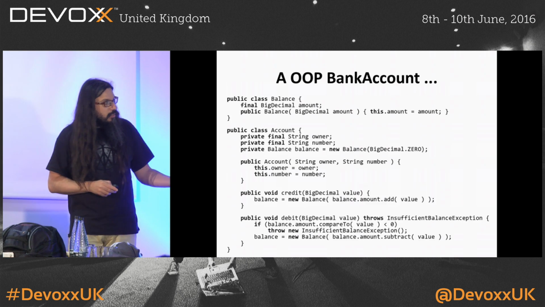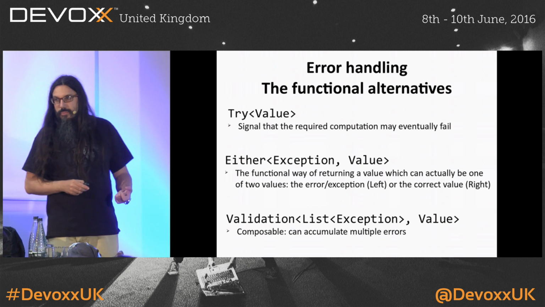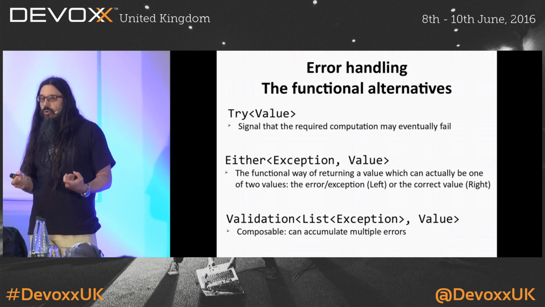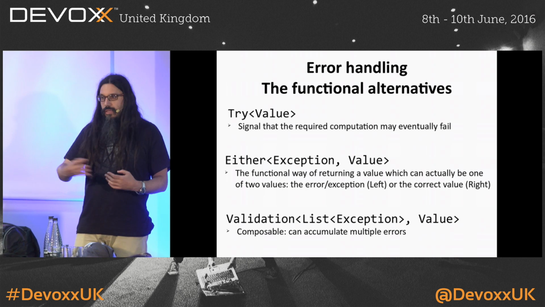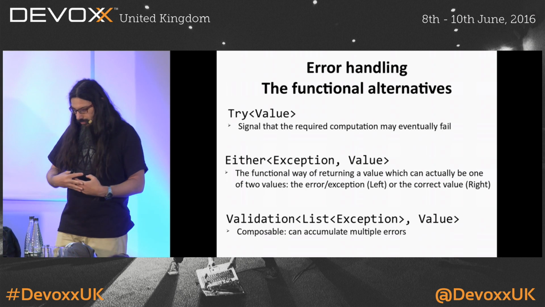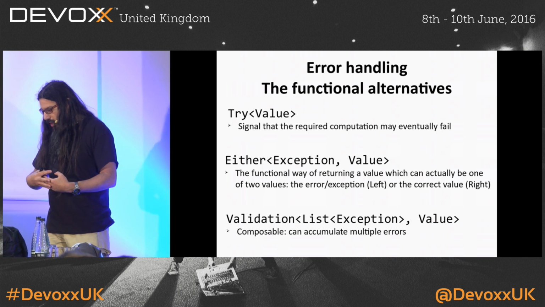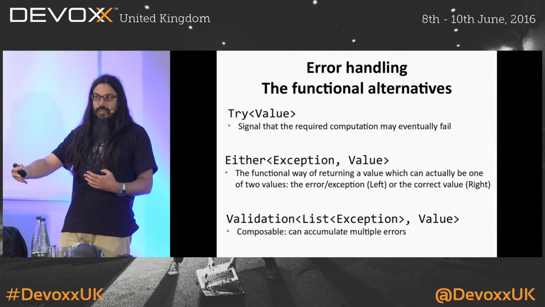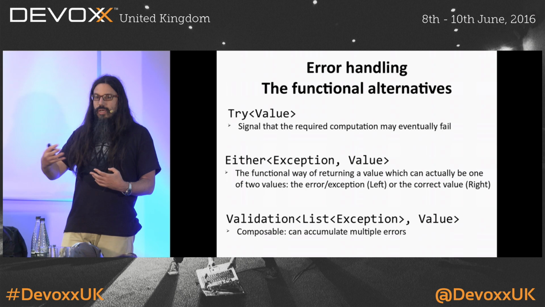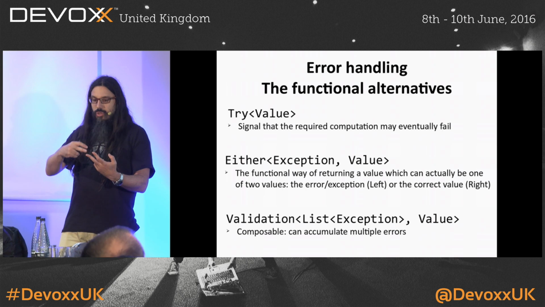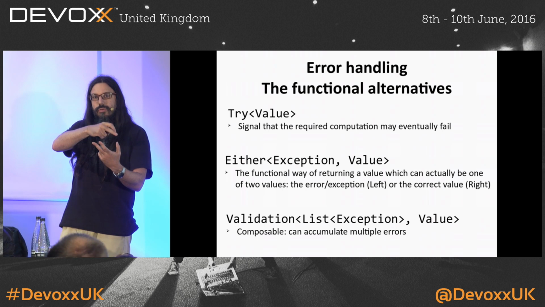Because the other problem of exceptions is that exceptions don't compose. You throw an exception and you are done. But if you are validating a bean, an object, and that object violates three criteria, you don't want to throw an exception when the first criterion isn't met.